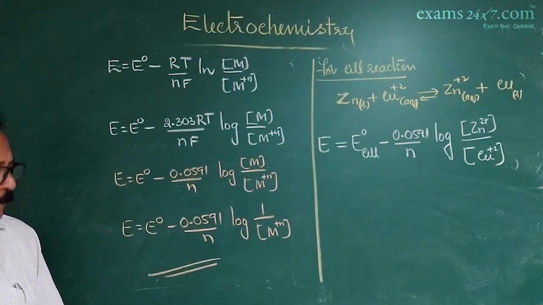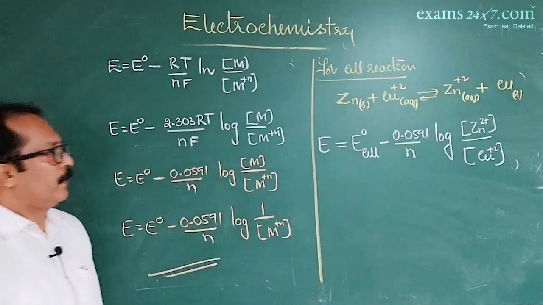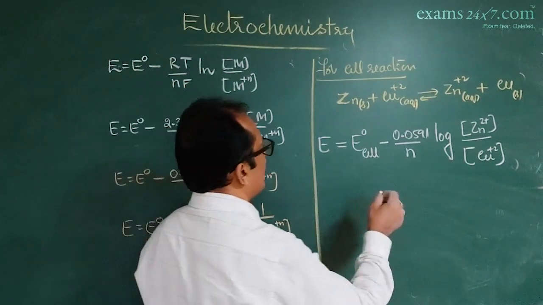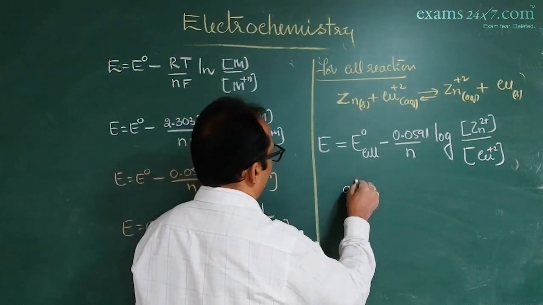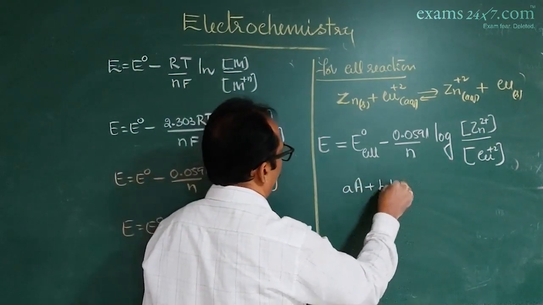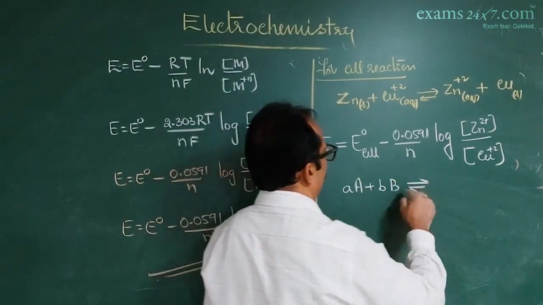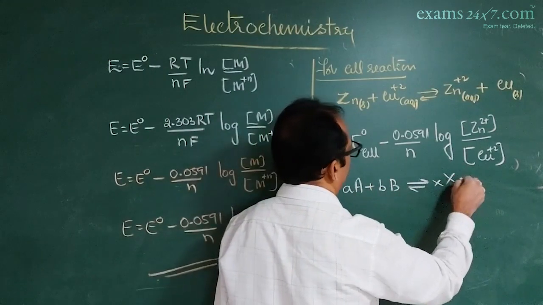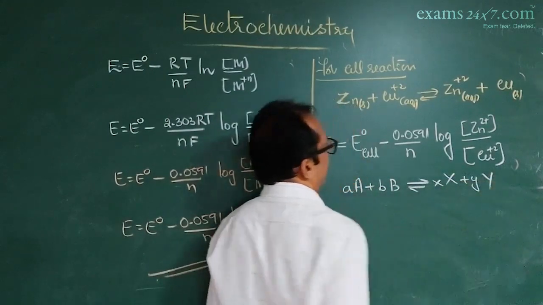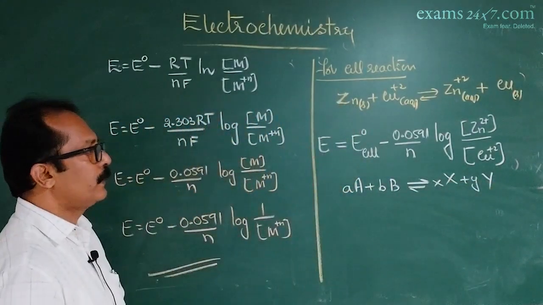Next, we will go for the general representation. Consider a reaction aA that reacts with bB to give xX and yY.